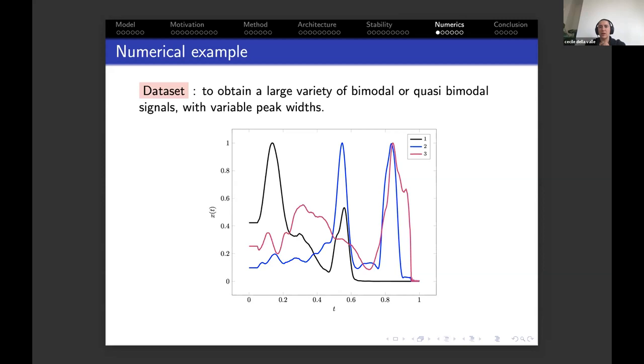So we have to build a data set that is coherent with the observation, to obtain a large variety of bimodal or quasi-bimodal signals with variable peak width. So I exhibit, for example, 3 signals that I have constructed.